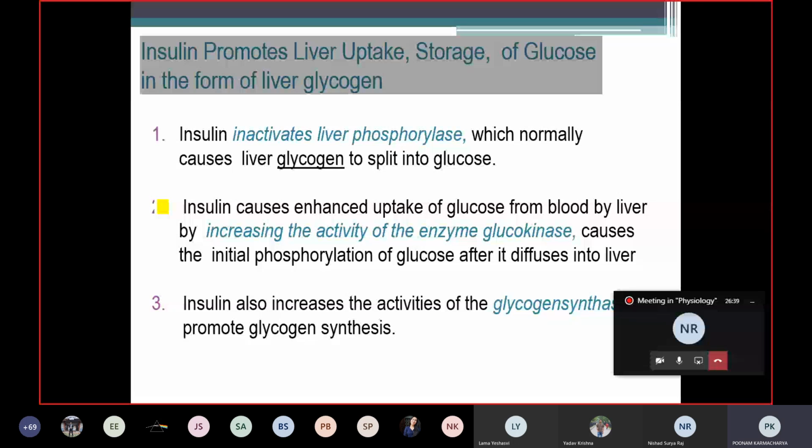Secondly, it will enhance the uptake of glucose by increasing the activity of the enzyme glucokinase. Glucose will be phosphorylated and will not be able to get back into circulation. And thirdly, it stimulates glycogen synthesis, thereby promoting the formation of glycogen, right?